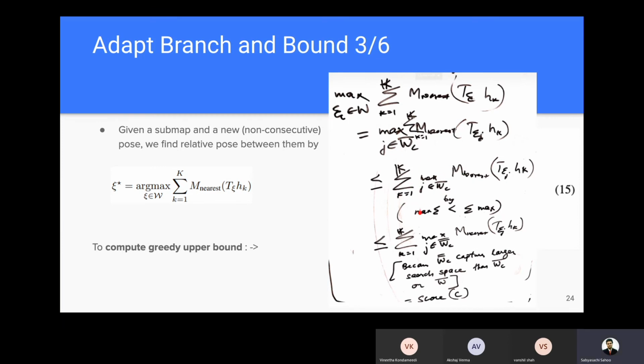We have just used this fact, that max of sum is less than sum of max, and that's how we have converted this to this.